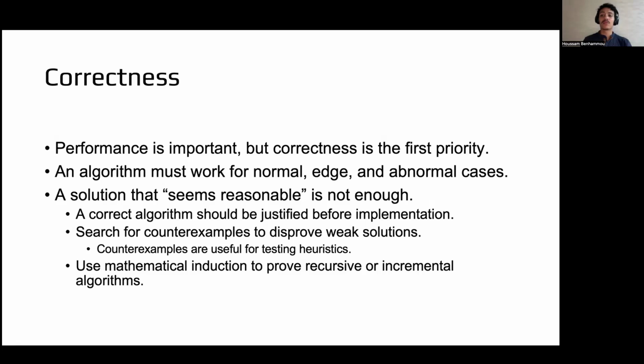What I mean by heuristics is when you try to find a solution through a heuristic way instead of planning it logically. Also, if you have a solution that is incremental or recursive, you can use mathematical induction to prove its correctness. And that's a way that you can prove correctness, but that's not the only way. You just need to find how to prove that your algorithm is going to work how you want it to behave in all the cases that exist.